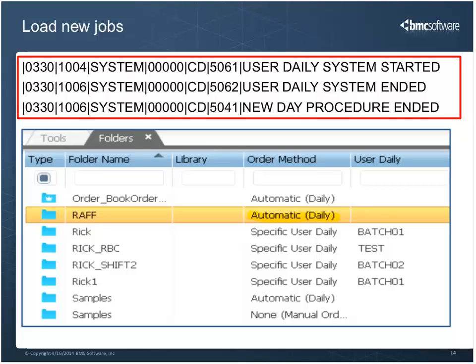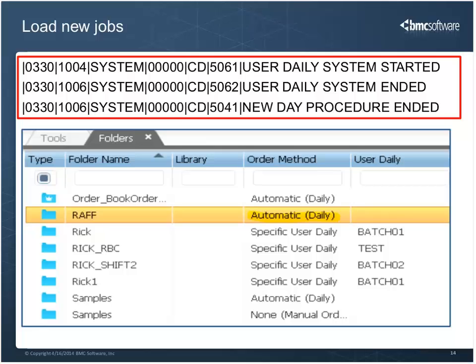Now, prior to version 8, at new day, this was called the user daily system, all uppercase system. So prior to this, if the ordering in of the new jobs by the user daily system was taking a long time during new day, what customers would do is specify that only a couple of folders would be evaluated and ordered in during the new day process.